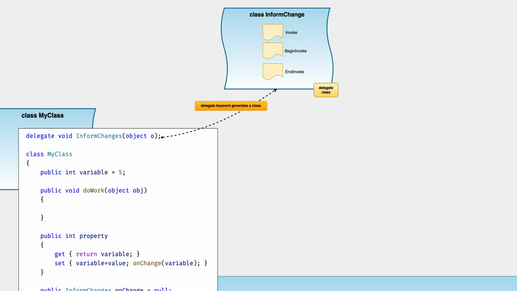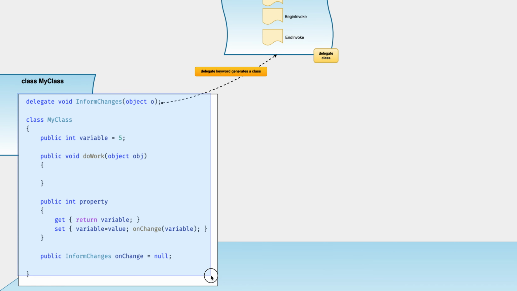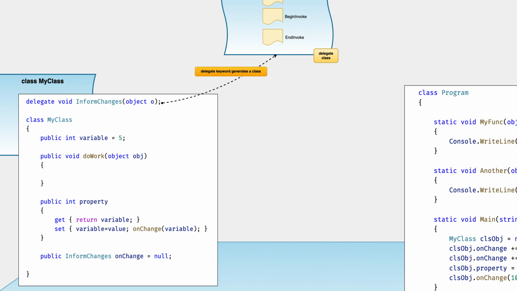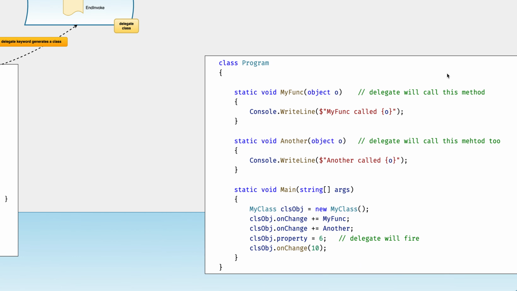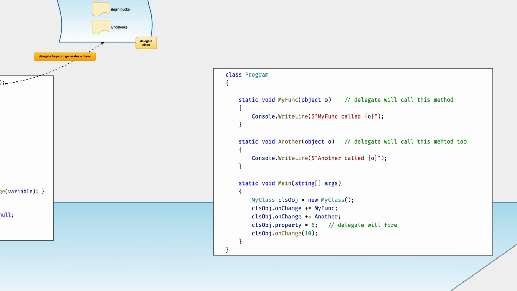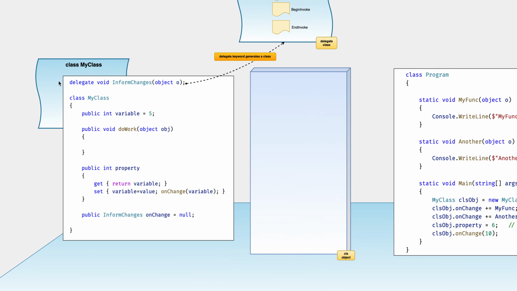Now let's see what happens when we create an object of this class, not the delegate directly. So we have a piece of client code which is going to instantiate this object. We have a statement here which says MyClass cls = new MyClass.